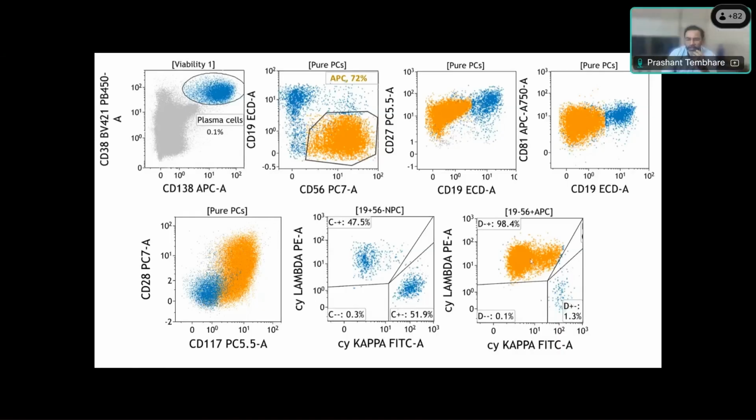What was the question again? Sir, some cells are going beyond 10 to the power 1 on the kappa axis. See, that's what I'm saying. The 10 to the power 1 is arbitrary. You have to define your positive and negative expression based on the control. You can see the normal plasma cells also going up here, so you can take them as a positive control.